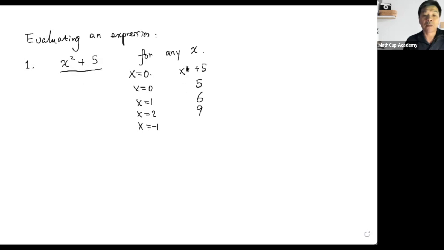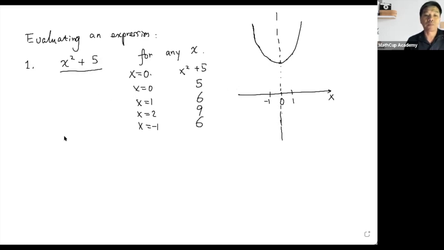When x equals -1, it will be 6 as well. If you plot those for different x, you will see something like this. Of course, we're not there yet, but I just want to give you a flavor that we can plot the evaluation of this expression for different x.